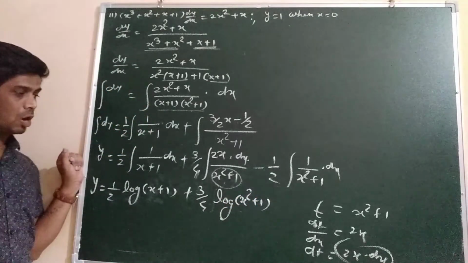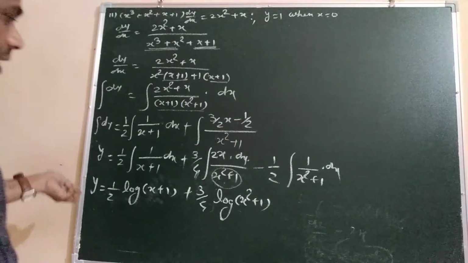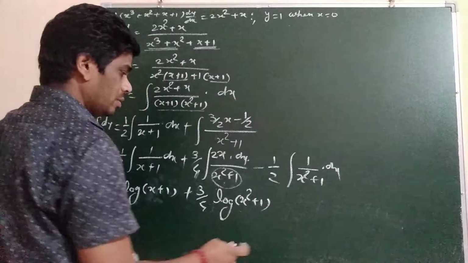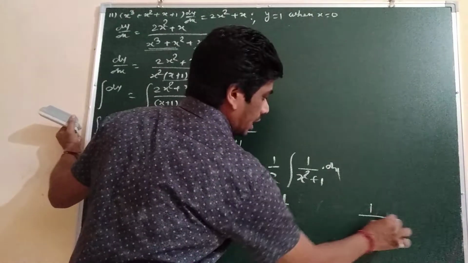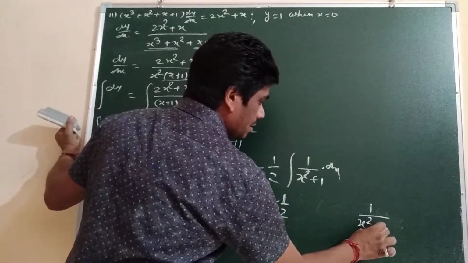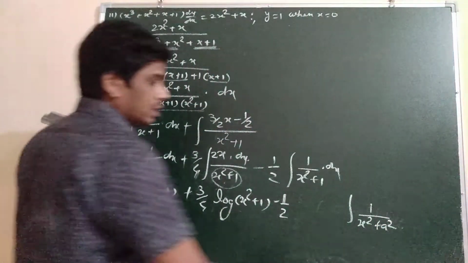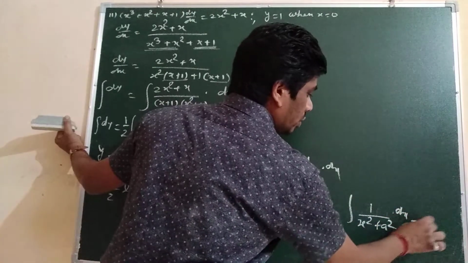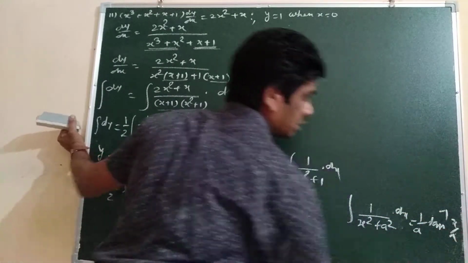Now minus 1 upon 2, and this is what is given: integration of 1 upon x square plus a square into dx equal to 1 upon a tan inverse x upon a. This is the identity.